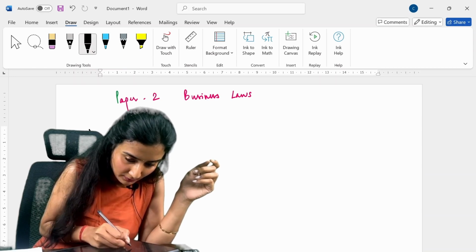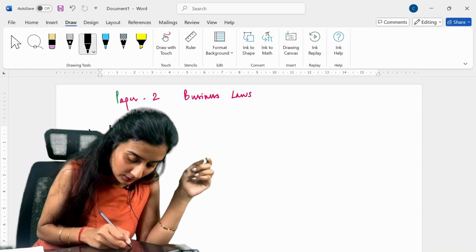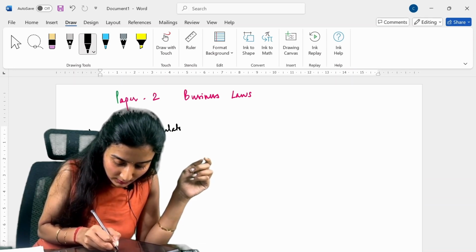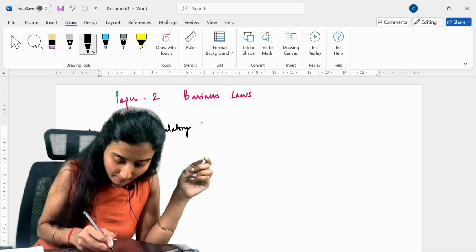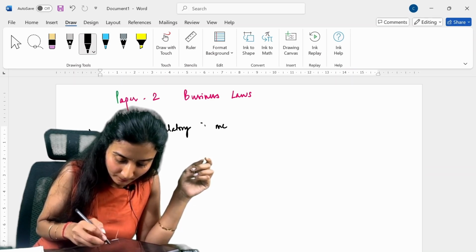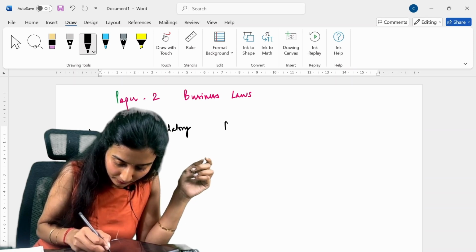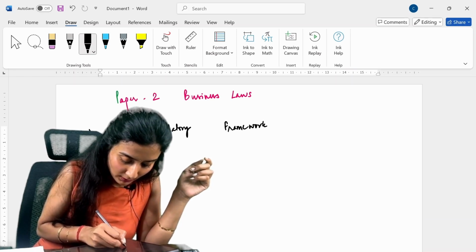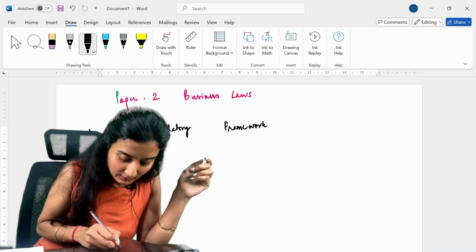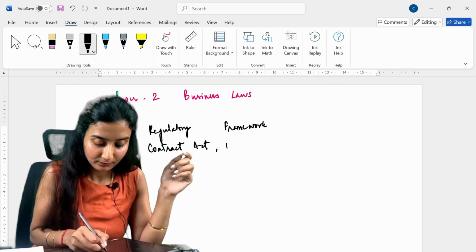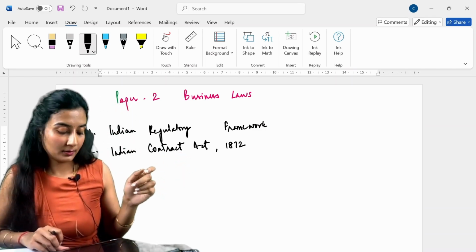So your first chapter will be Indian Regulatory Framework, and then Indian Contract Act 1872.